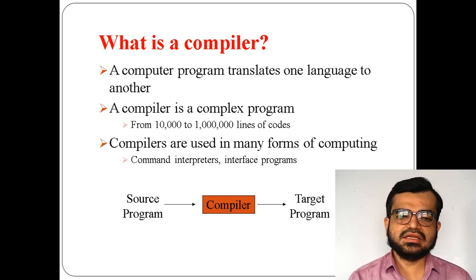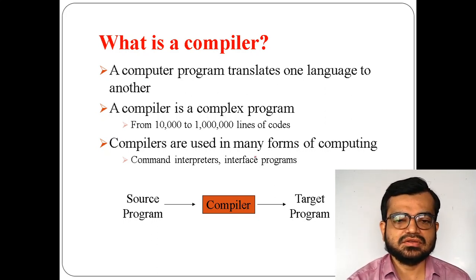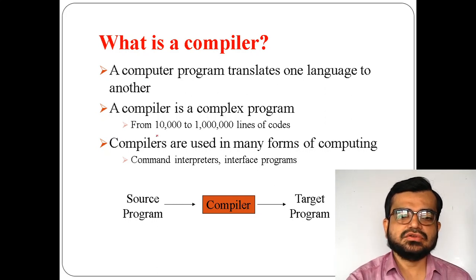So this is basically a complex program. Why am I using the term complex program here? Because the number of lines of code required to have a new compiler is large.